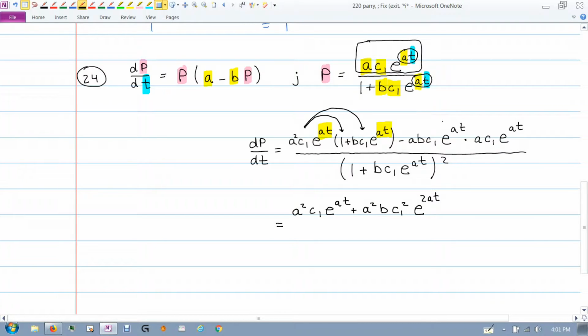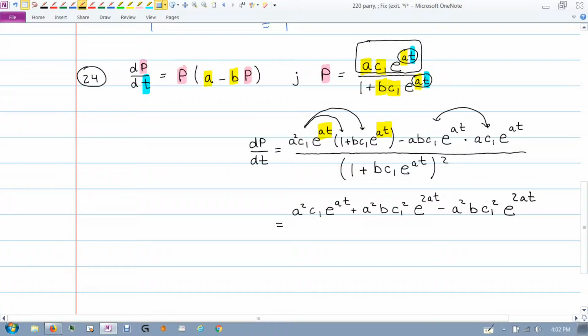And then these two, it's not distribution, but I do need to multiply these, so I can put the a's together, so that would be a squared. And then I have b, then I have c sub 1 squared, and then I have e to the 2at again.